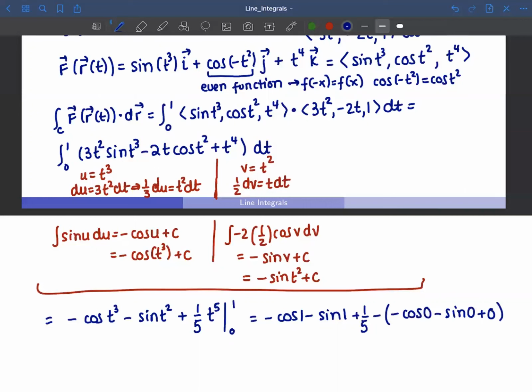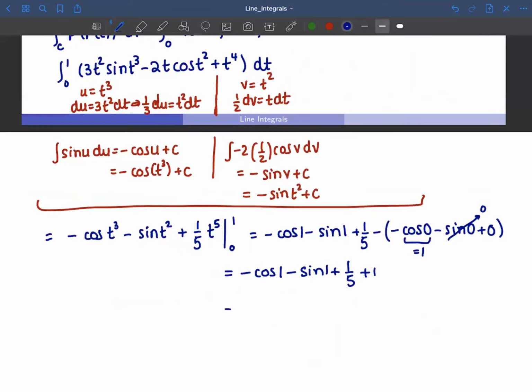So that gives us negative cosine of 1 minus sine of 1 plus 1/5. The cosine of 0 is equal to 1, so minus the negative 1 will give us a plus 1. The sine of 0 is equal to 0. So simplifying, we end up with 6/5 minus cosine of 1 minus sine of 1.